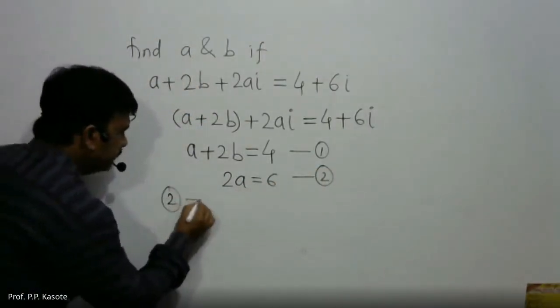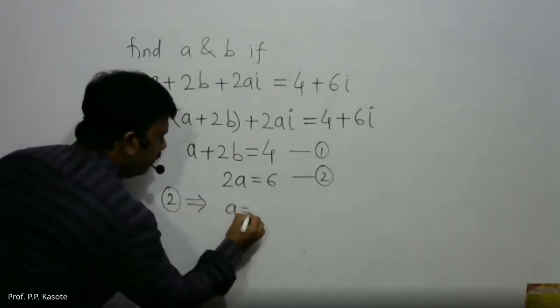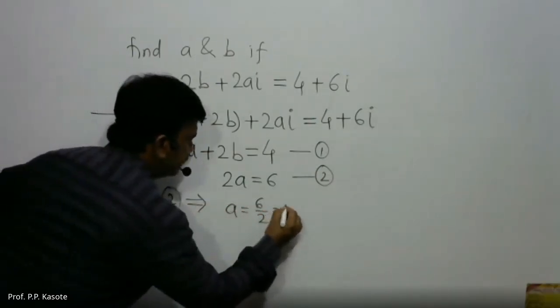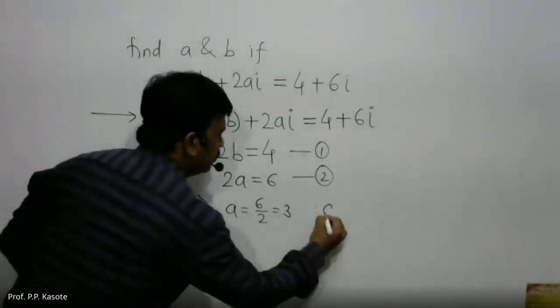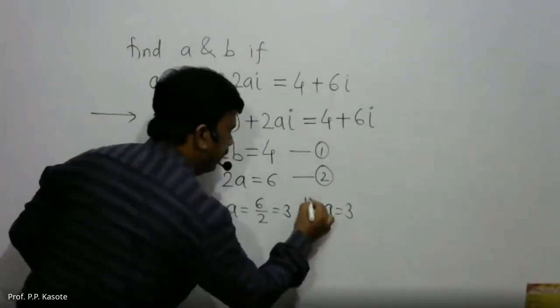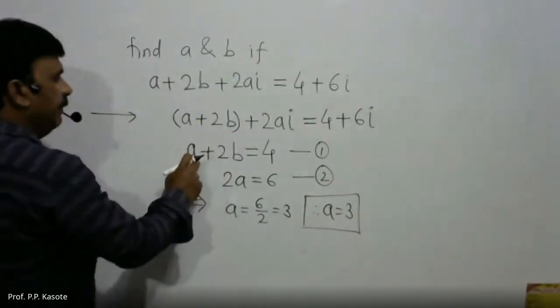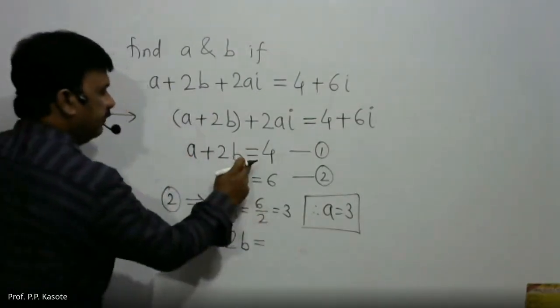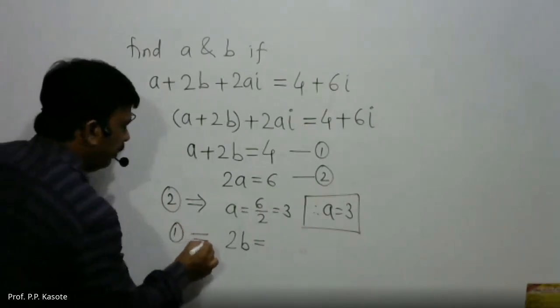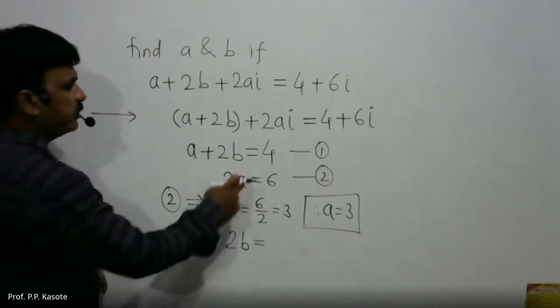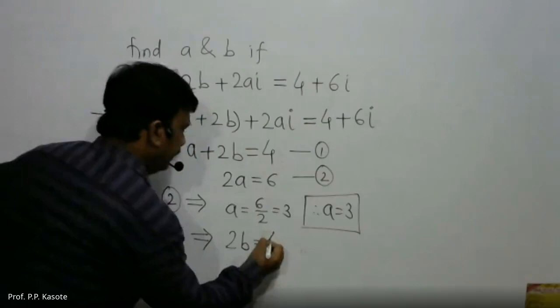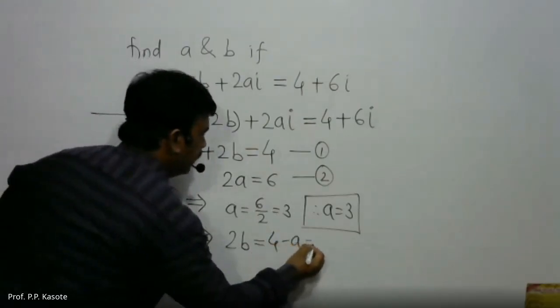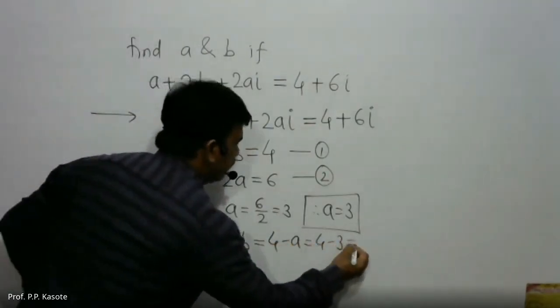Equation 2 gives a is equal to 6 upon 2, that is 3. We got a is equal to 3 from the second equation. We got the value of a. If we put it here, we will get the value of 2b. 2b is nothing but, from equation 1, 2b is equal to 4 minus a, that is 4 minus 3 which is equal to 1.